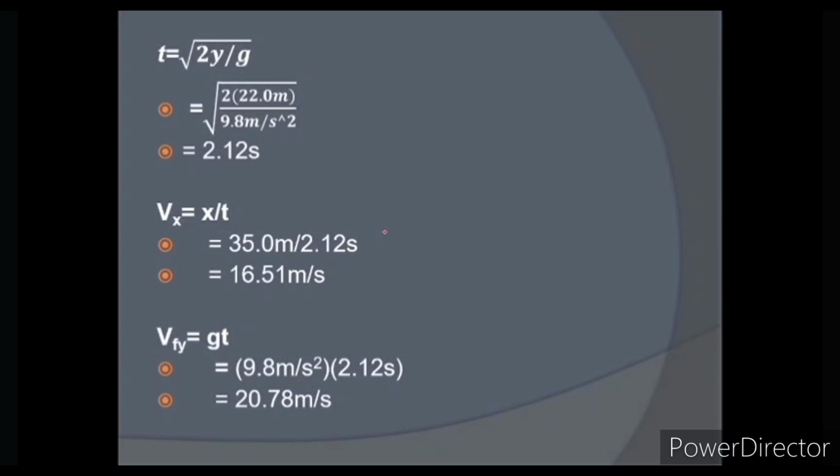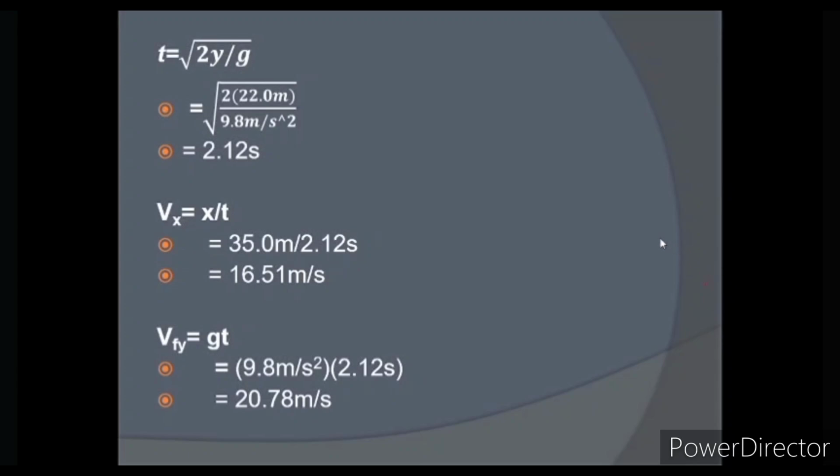Next, you're looking for the initial horizontal velocity. We now have the time here, so we can compute the initial horizontal velocity. You also have the value for the x, which is 35 meters.